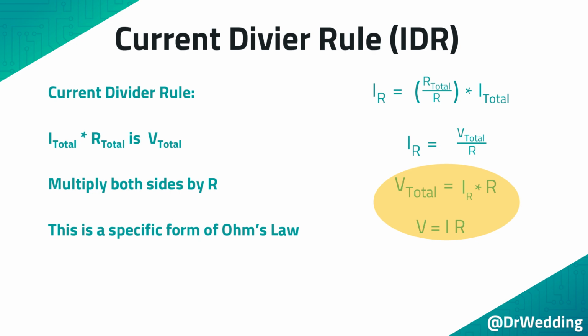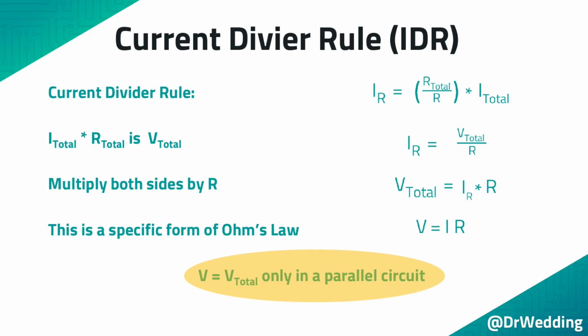This generates a specific case of Ohm's law. The total voltage is only across a single resistor when the resistor is in parallel with the power supply. So, this equation will only work with parallel circuits.